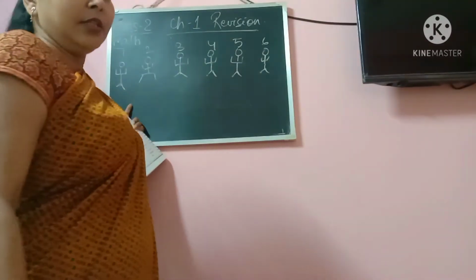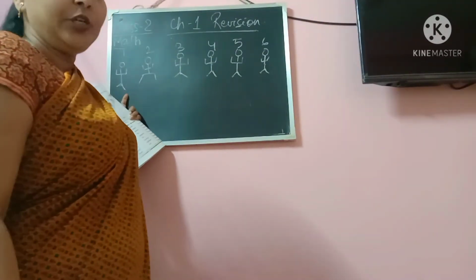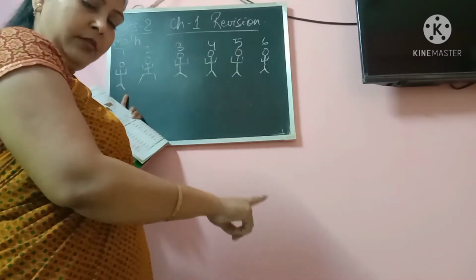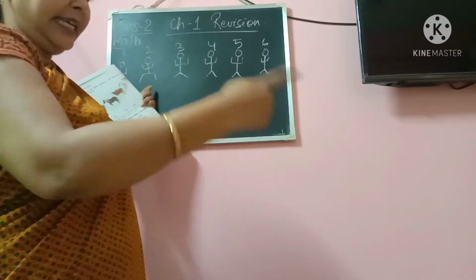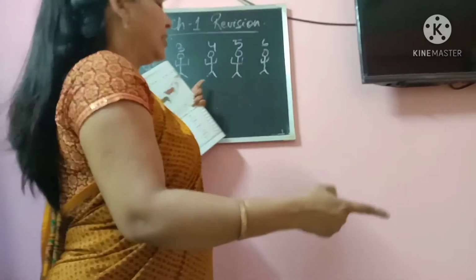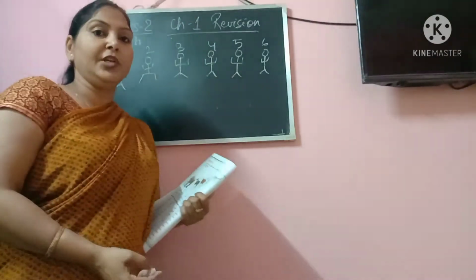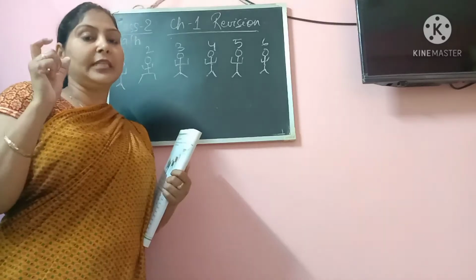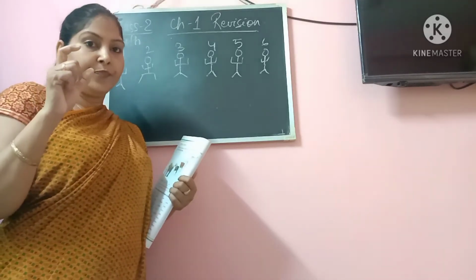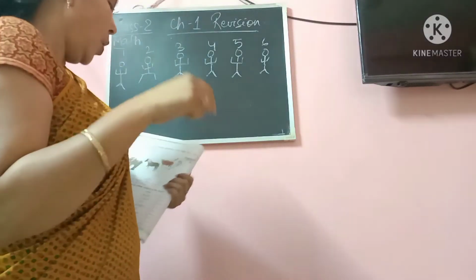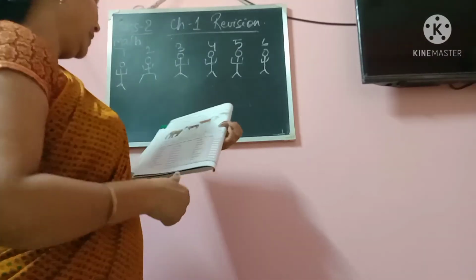Okay, so the first child is in the first place, then the second child is in the second place, third place. So when we talk about the position of any particular thing, we call it an ordinal number.